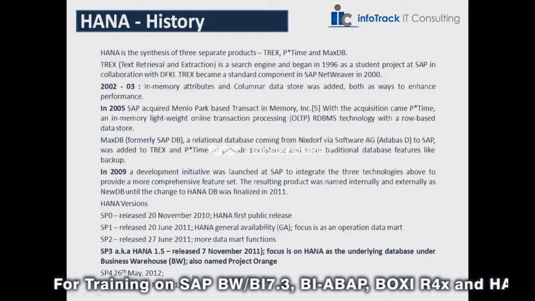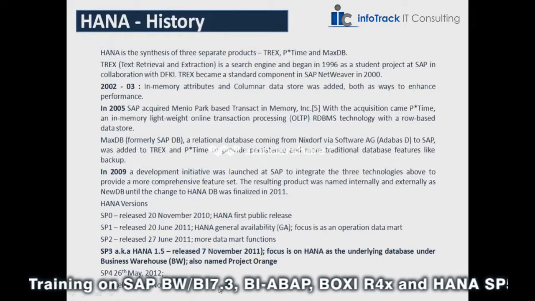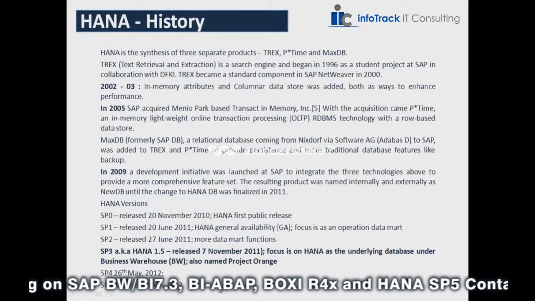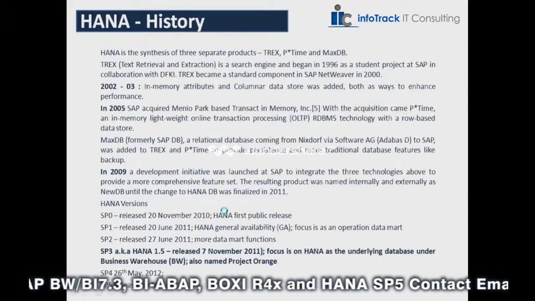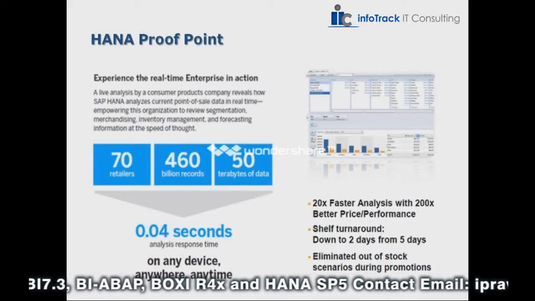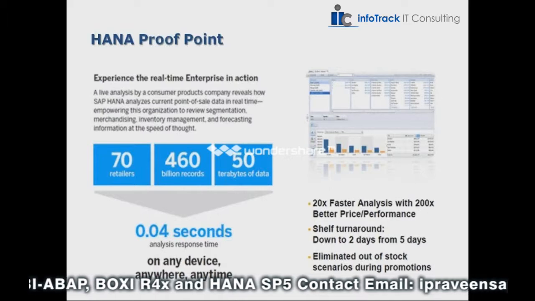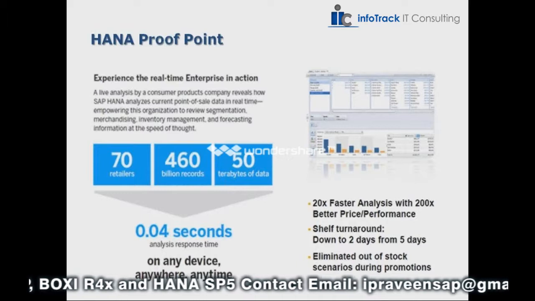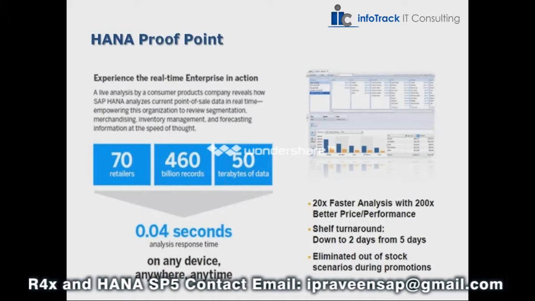So now we'll see the proof points made by HANA to prove their product and sell it to end clients. The very first thing HANA did was collaborate with Colgate-Palmolive, because they are very top retailers and have huge data, where they can do proper analysis and create a valuable proof point to sell their product to the end client.